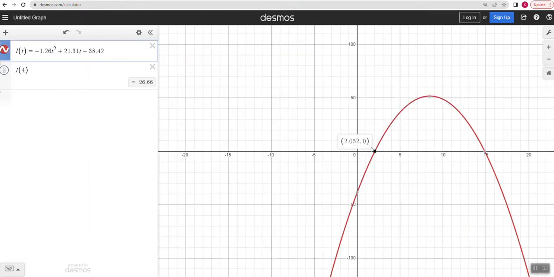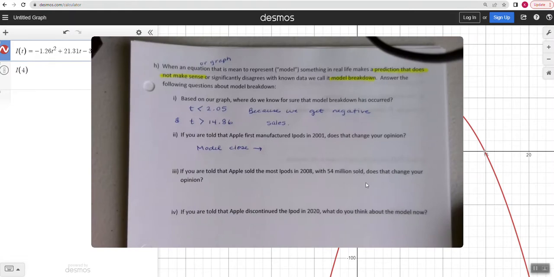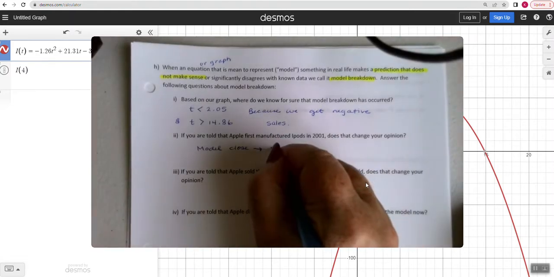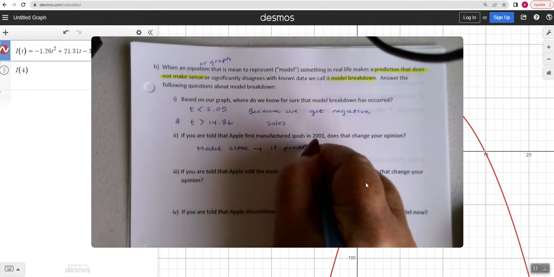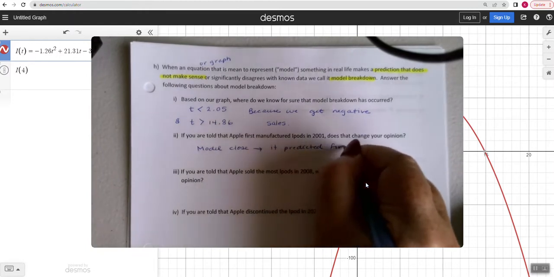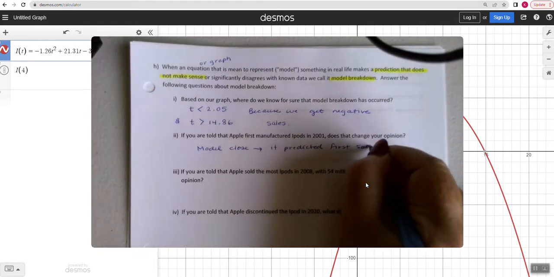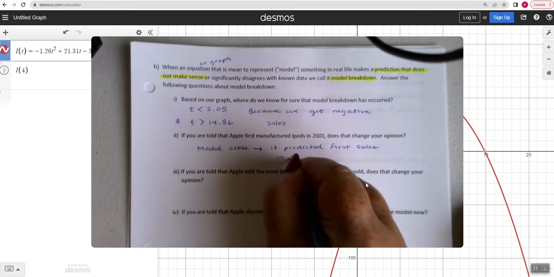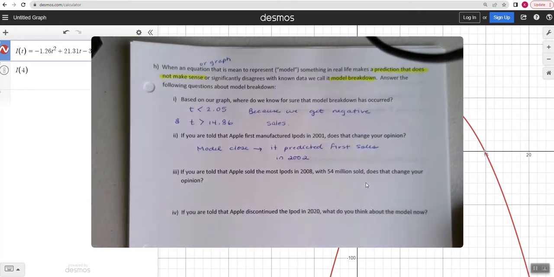Once we got bigger than 2.05 all through here, we have small but positive sales. So the model is close. It predicted first sales in 2002. Not terrible, right?